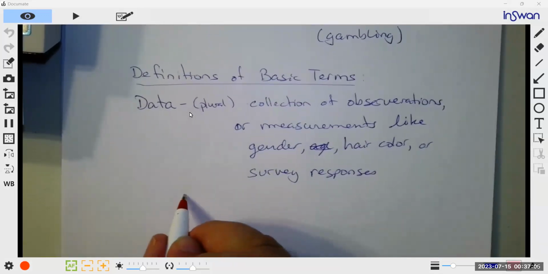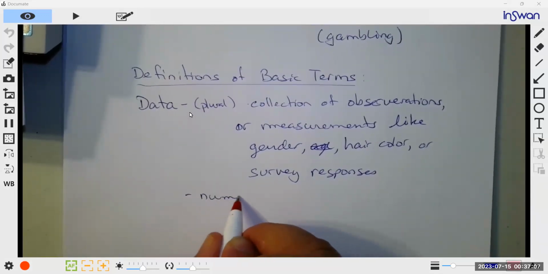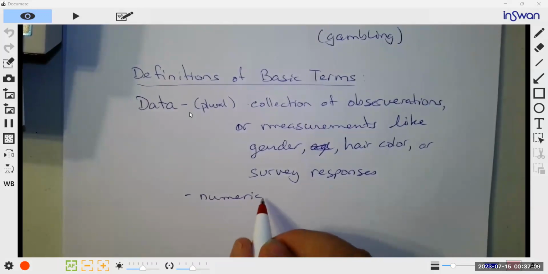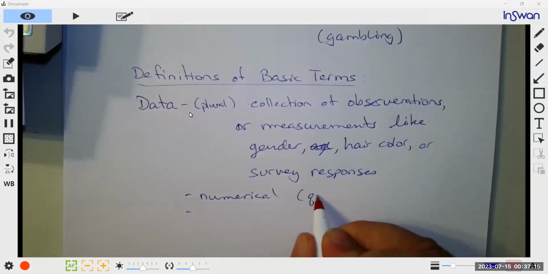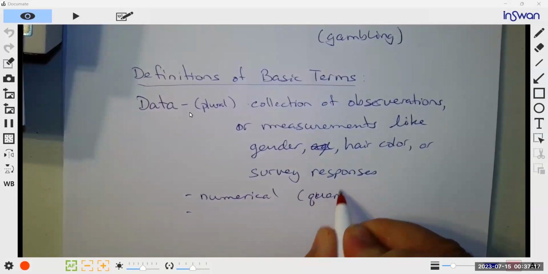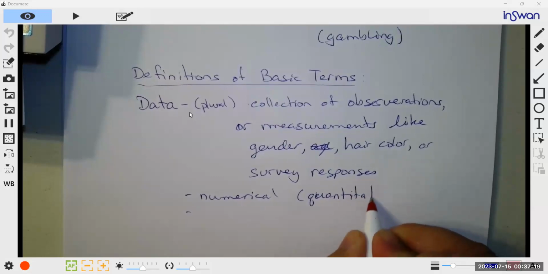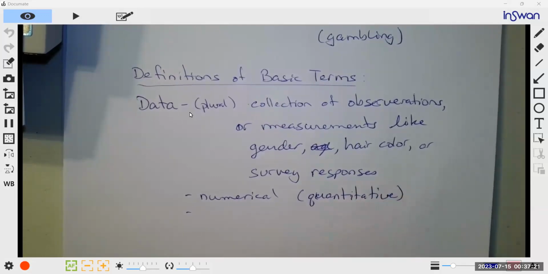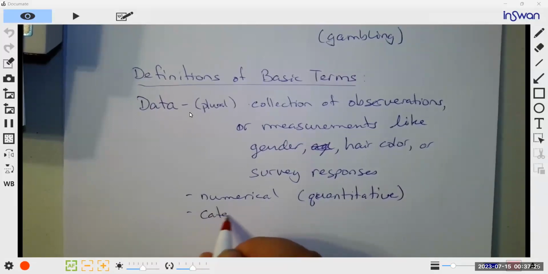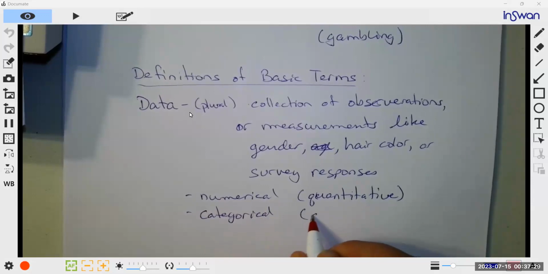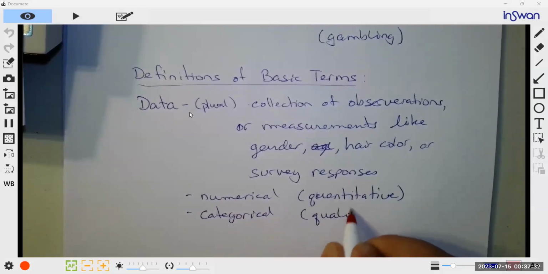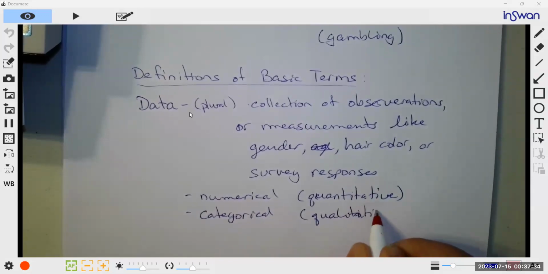Data can be numerical, which is called quantitative, or it could be categorical, which is qualitative.